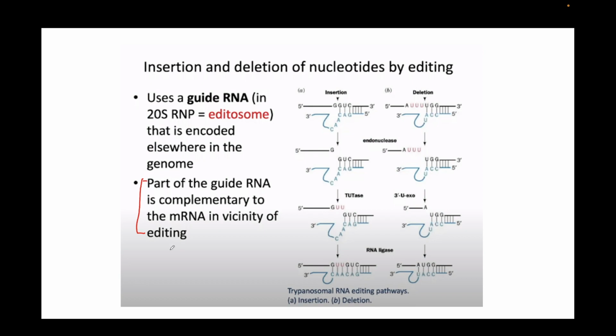If you have heard about genome editing using guide RNA or sgRNA in CRISPR-Cas technology, this word has been used multiple times. I think we'll also discuss CRISPR-Cas, but let's leave that for the future. Vicinity means nearer to the editing place.